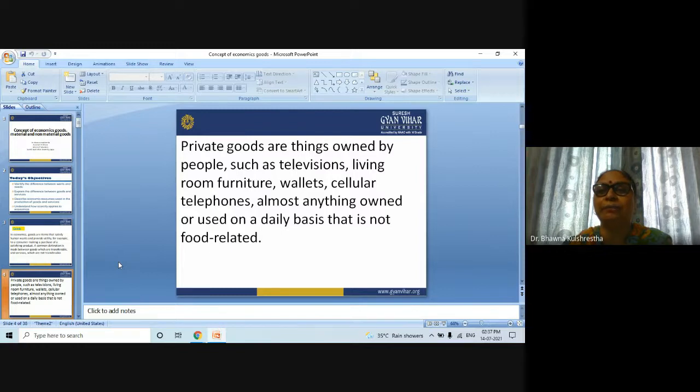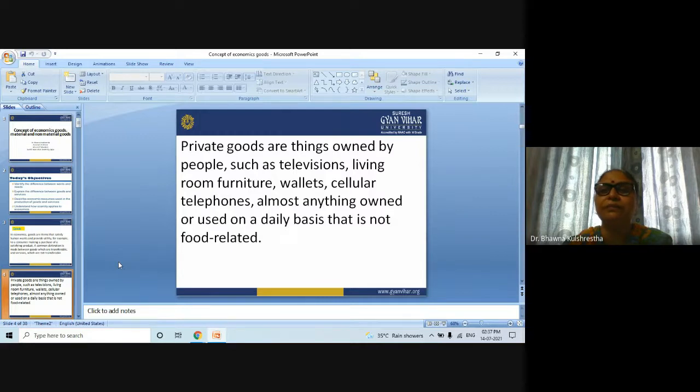A consumer good or final good is any item that is ultimately consumed rather than used in the production of another good.